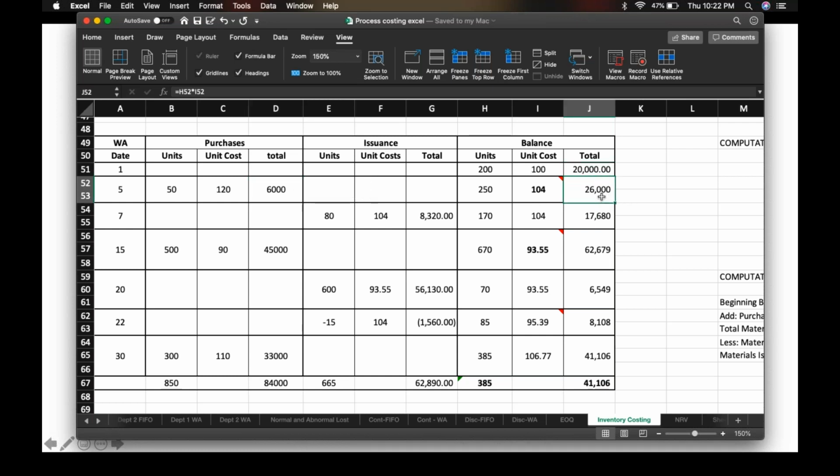So for us to get the average unit cost, you just have to divide 26,000 divided by 250 units.